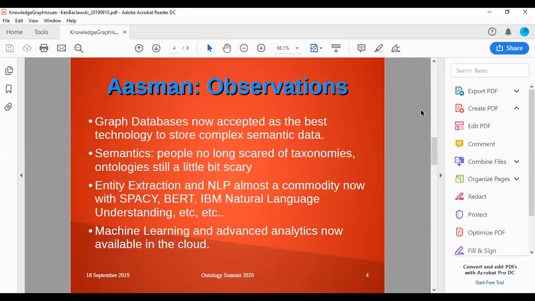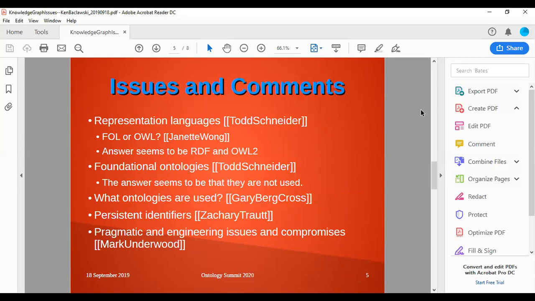So then, some of the comments that were made at the first session: there was a question about representation languages that a number of people raised. The answer seems to be RDF and OWL2, but I'm not asserting that that's true.